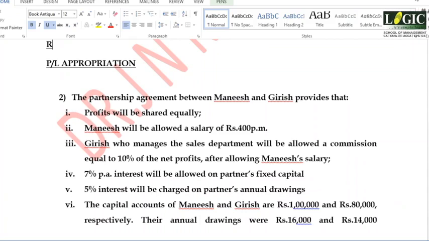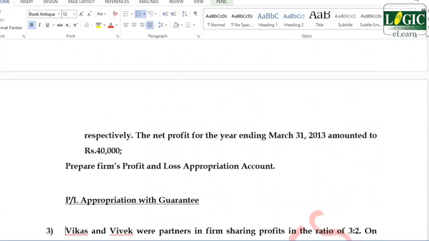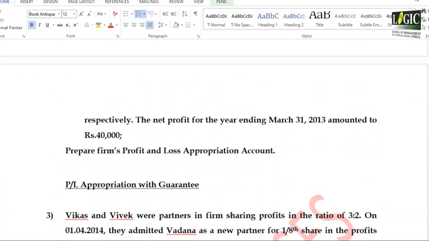The capital accounts of Manish and Girish are 1,00,000 and 80,000 respectively. Their annual drawings were 16,000 and 14,000 respectively. The net profit for the year ending March 31st, 2013 amounted to 40,000 rupees. You are asked to prepare the firm's profit or loss appropriation account.